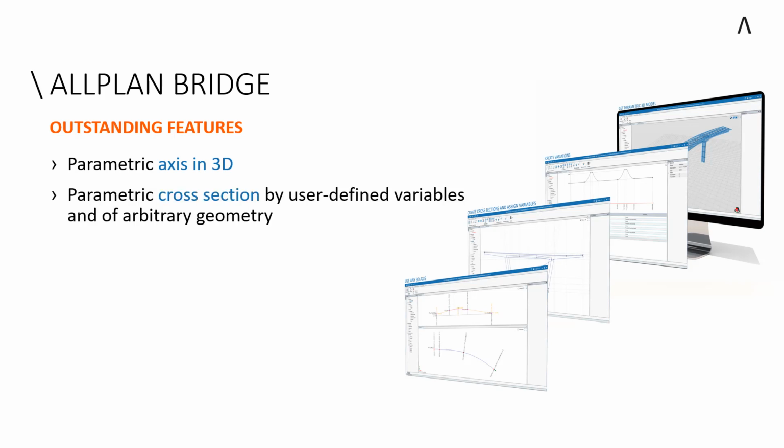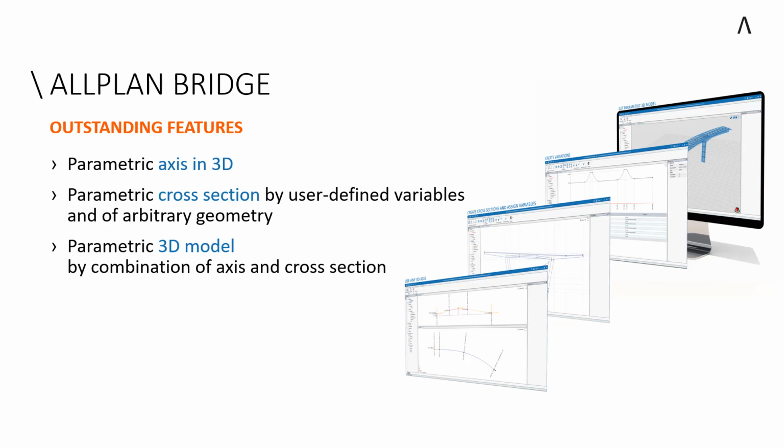Then you define your cross sections, which can be of arbitrary geometry, and any variable dimension can be defined by the user. Then you assign your cross section along the axis, which gives you your structural member. If you have any variations, you define them by tables, as shown before, and assign them to the variable in your cross section.